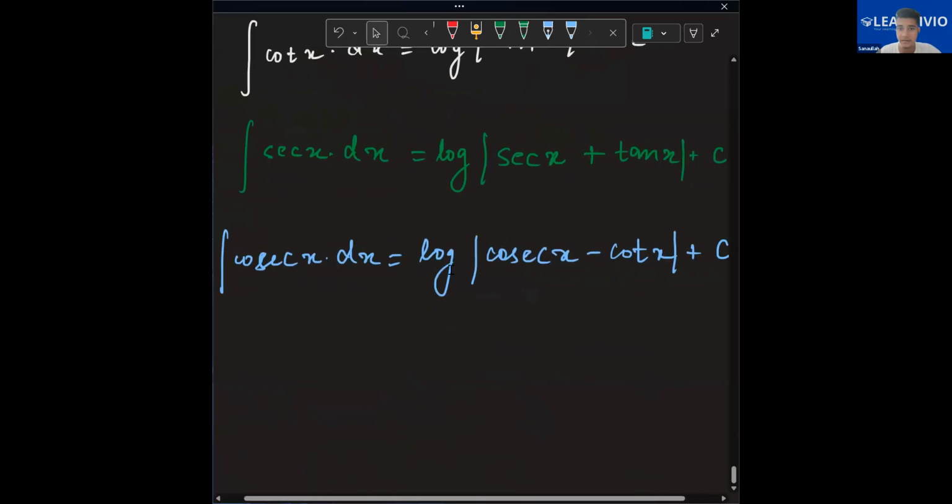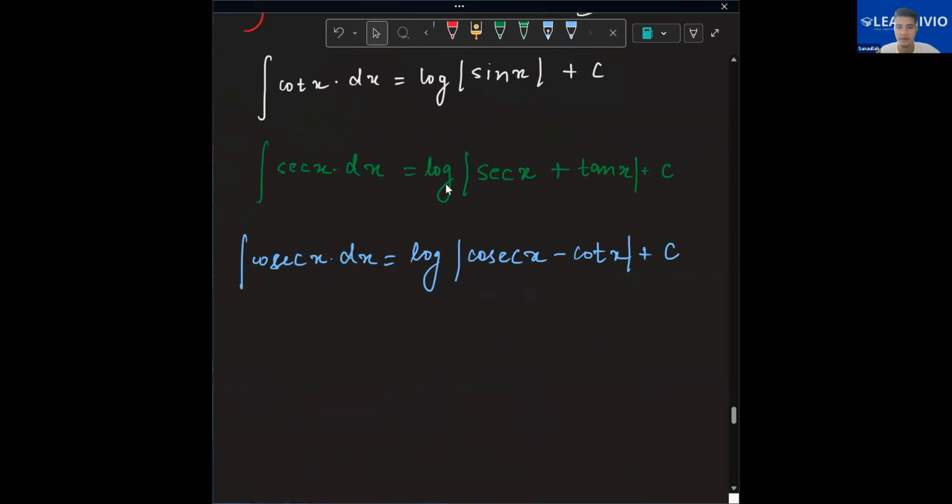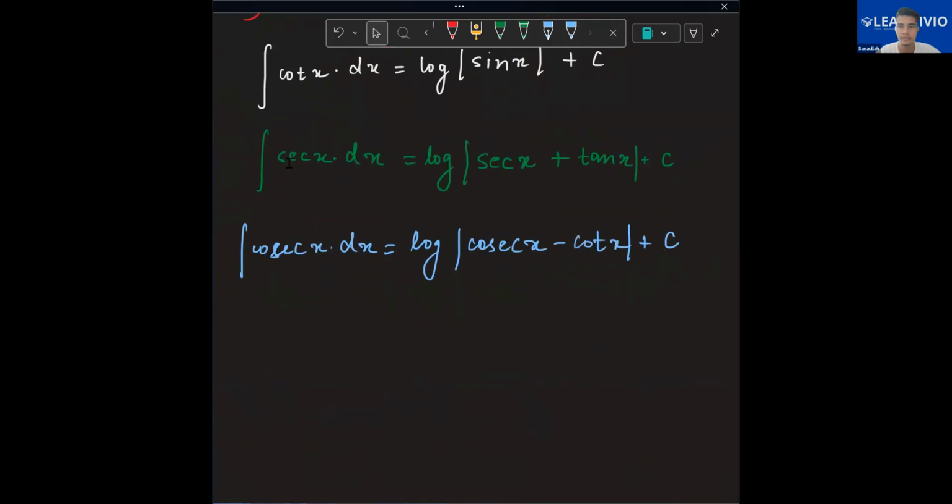So these are basically some important formulas, because इसको आप इतना प्रूव करने नहीं जाओगे, so you will have to directly learn this. ठीक है. All right.